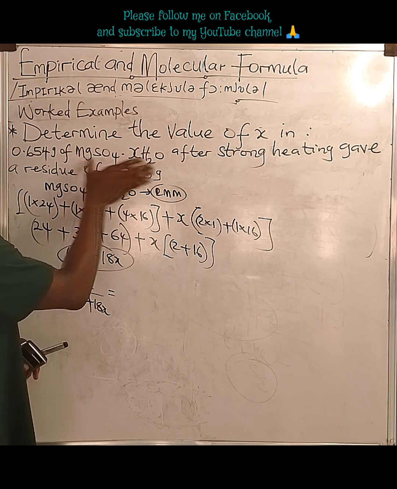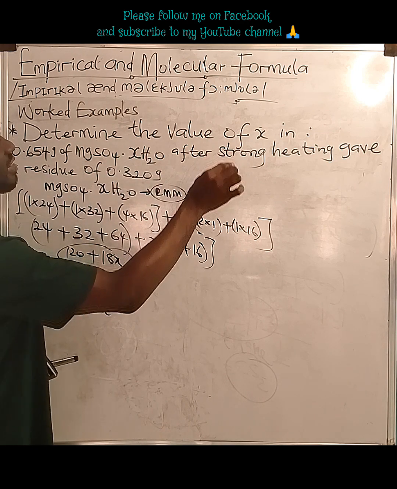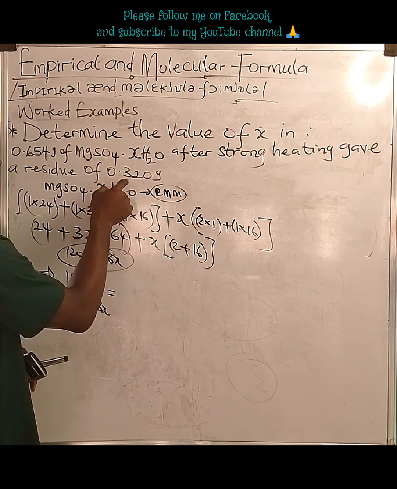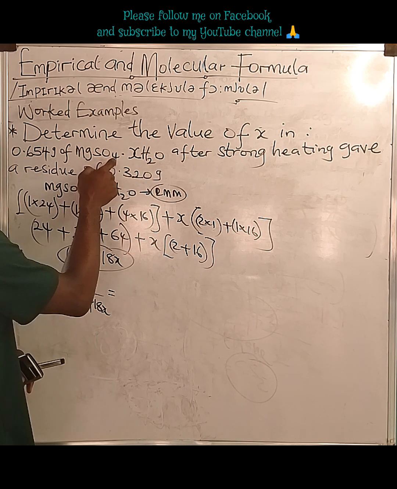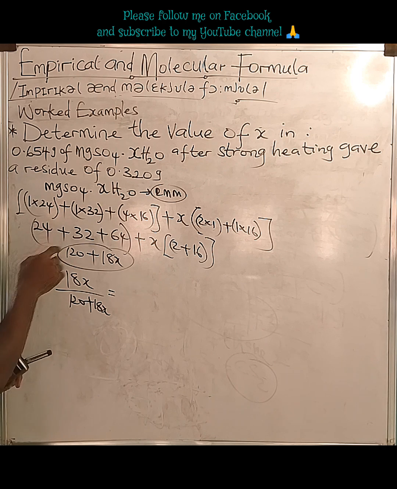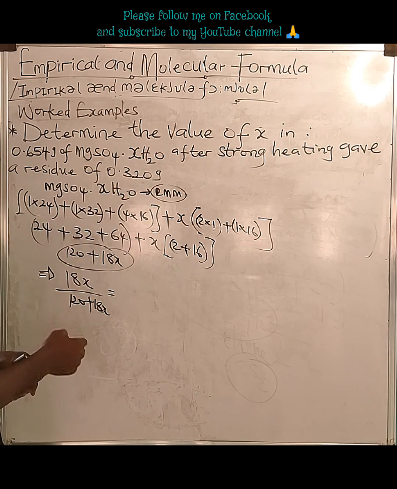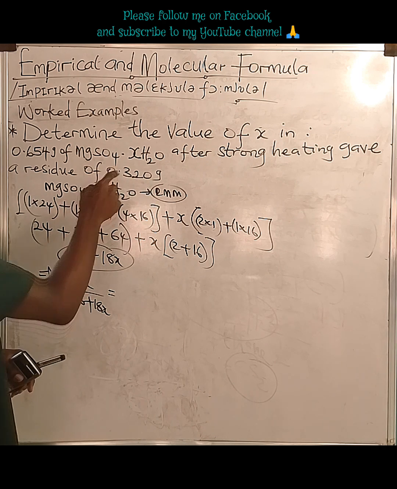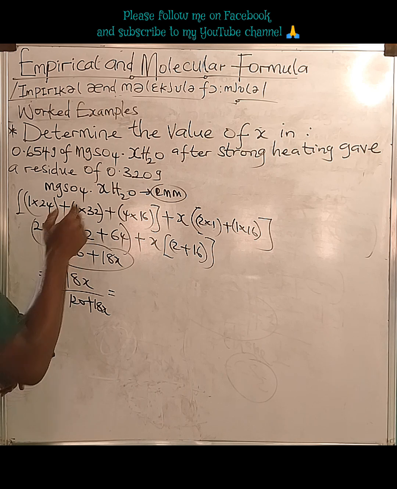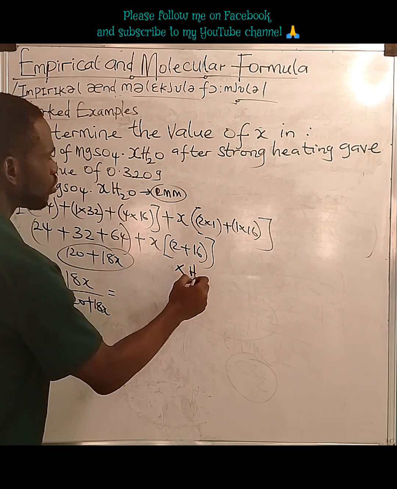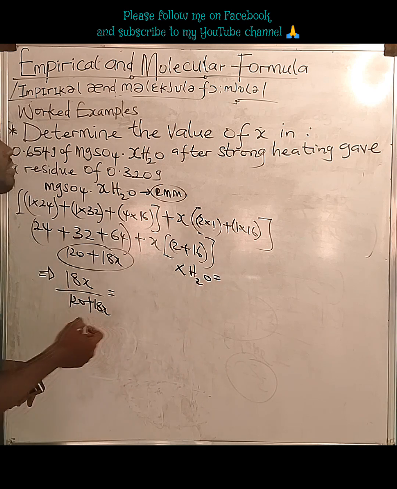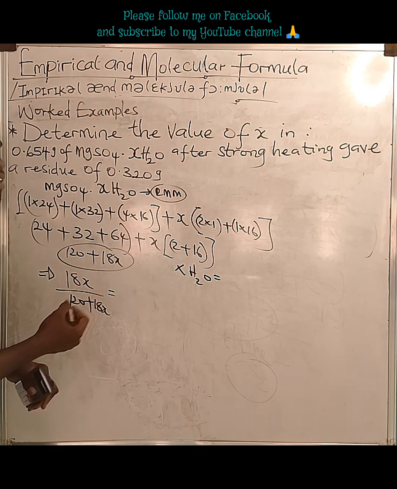Now let's compare it with what we have here. 0.654 gram of all this after strong heating gave a residue of 0.320 gram of just MgSO4. If MgSO4 is 0.320 gram, what's the mass of the XH2O, the amount of water that left?